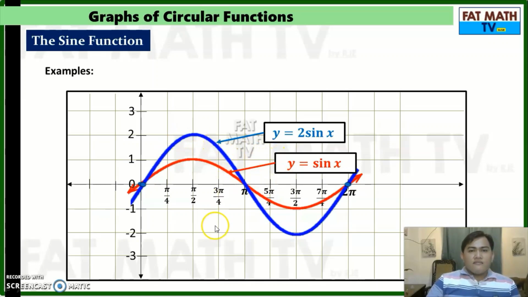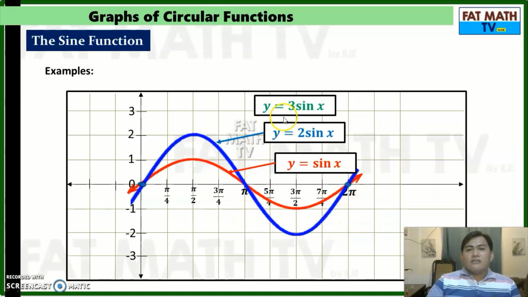As you can see, the graph looks taller here. The highest point is here and the lowest point is here. But of course, if you have another cycle, there's another relative maximum point here and relative minimum point.